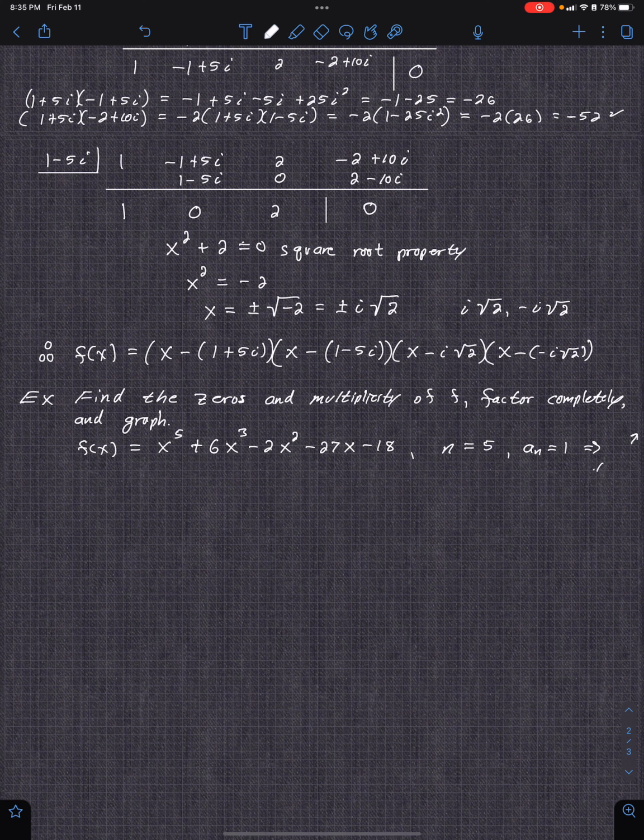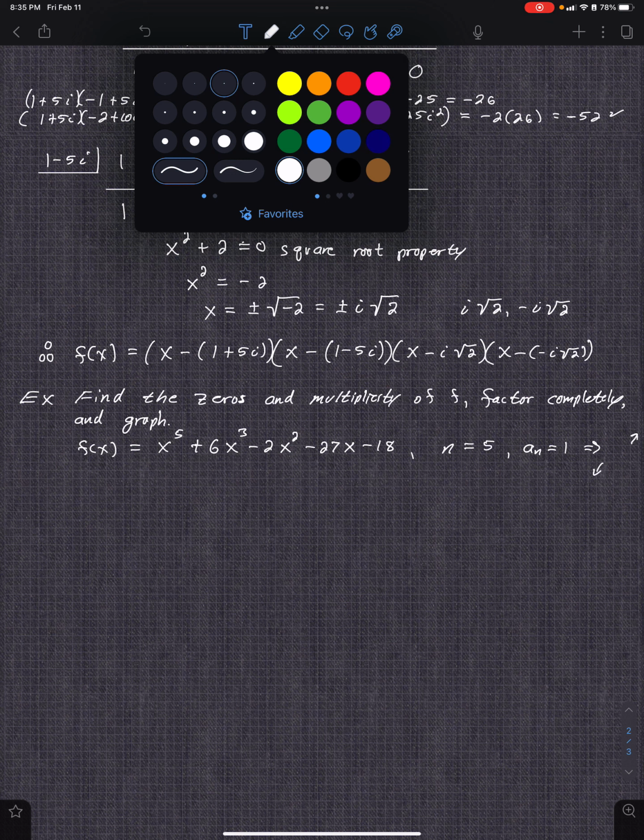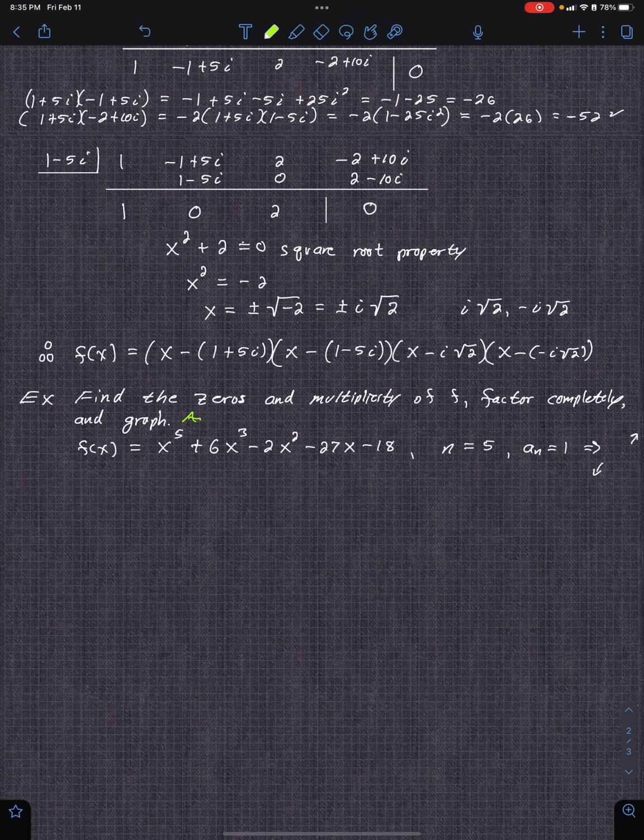Goes up on that side, down on that side, and automatic. Now, what I didn't say here, and I mentioned when I wrote it up, is that we want to apply the rational root theorem.